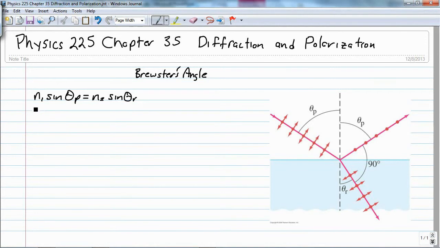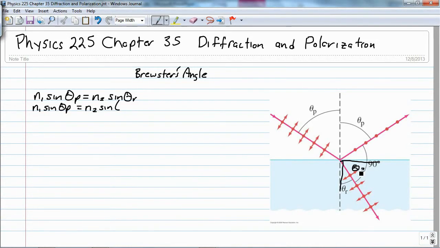And we can see that theta r, here's theta r here, and this is 90 degrees, so we have this angle here that I would like to find.